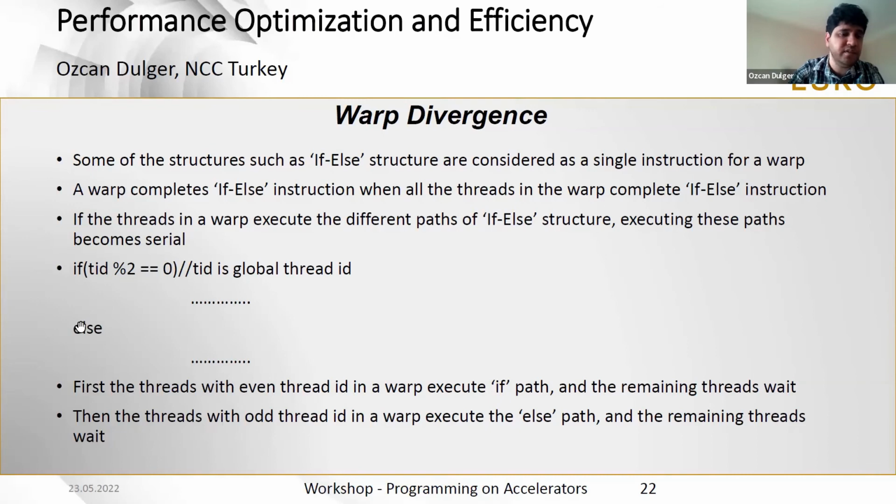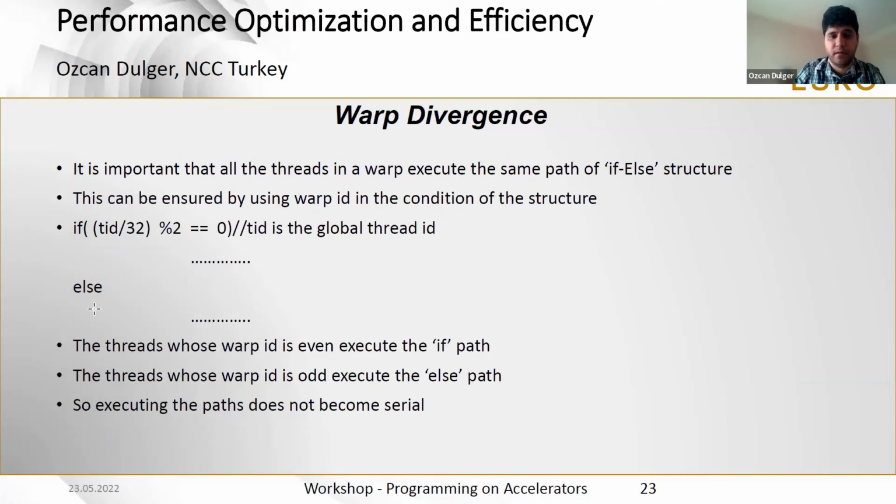Then the threads with an odd global thread ID execute the else path, and the remaining threads are idle. So the operations become serial. How can we overcome this problem?